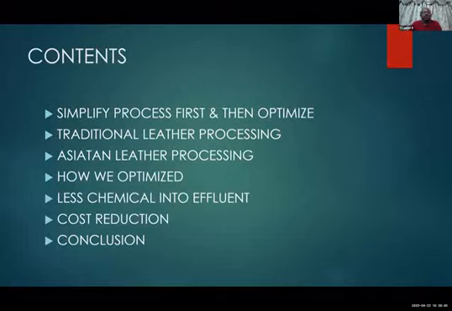Once we do a shorter process, of course, there will be fewer chemicals. How does this benefit the effluent as well as cost reduction, and simultaneously running the tannery in a very efficient way? These are the main contents of my presentation. We would like to go point by point, step by step, and you can see the different ways we did it in the presentation.